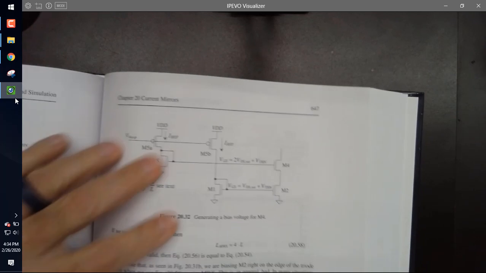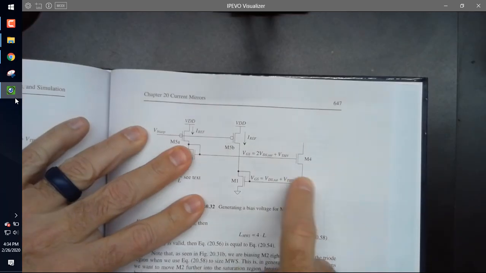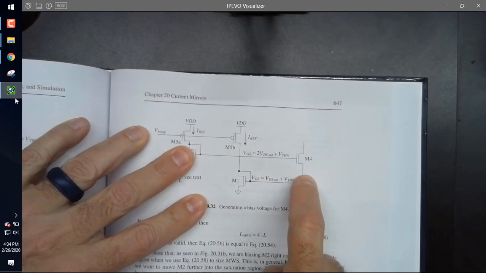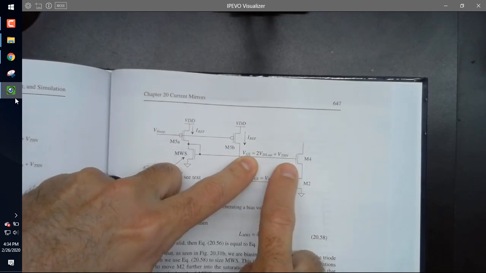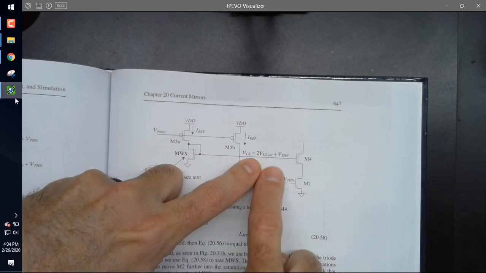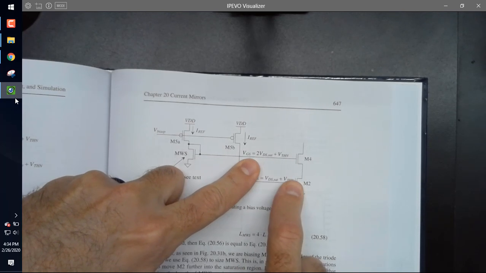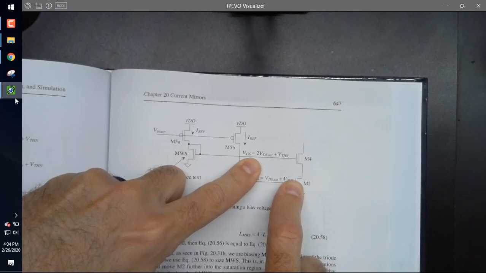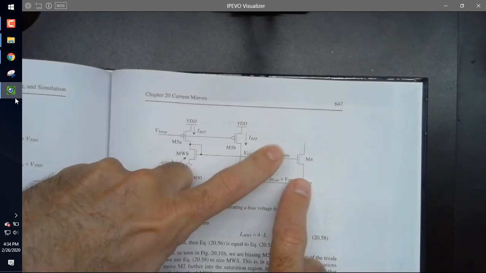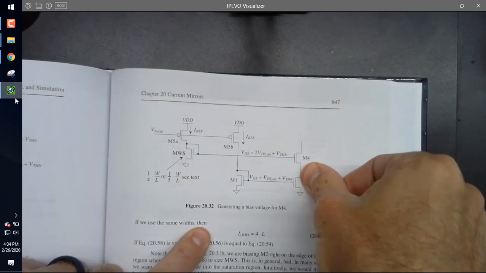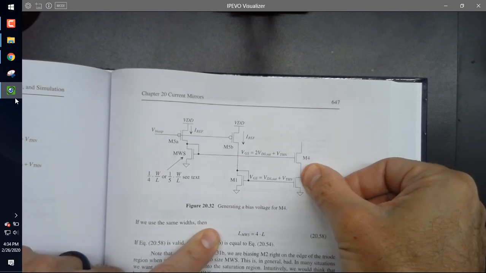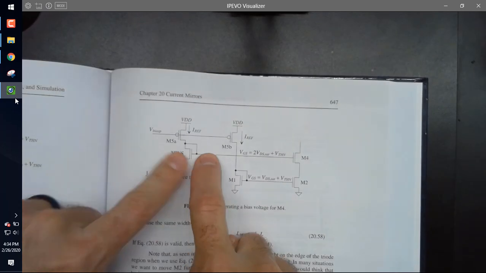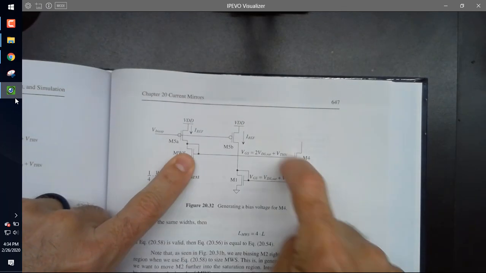When I bias that, I'm biasing this transistor right on the edge of triode because I made this 2 VDS,SAT plus V threshold in. Just as a pause, what is VDS,SAT plus V threshold? VGS. So there's the VGS, so I pin this at VDS. So if I do that, I'm pinning it right on the edge. Everybody got that? By making this voltage higher, I still have the same VGS here.